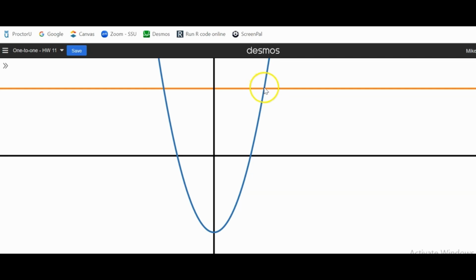So for the same y value, it has this x value over here and this x value over here. That's two x values for this one y value. And so this graph does not pass the horizontal line test, so it is not one-to-one.